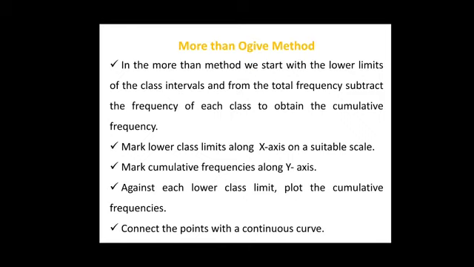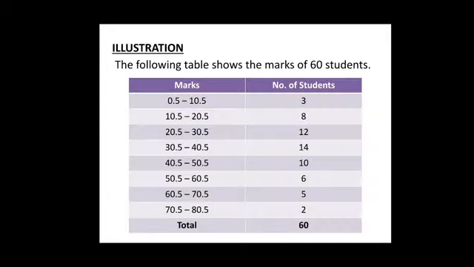In order to understand it in a better way, let us consider an example here. The data in the table shows the marks of 60 students, and we have to represent this data in the form of more than ogive, or we can say greater than ogive or cumulative frequency curve. Students, in order to construct a more than ogive, what we have to do?